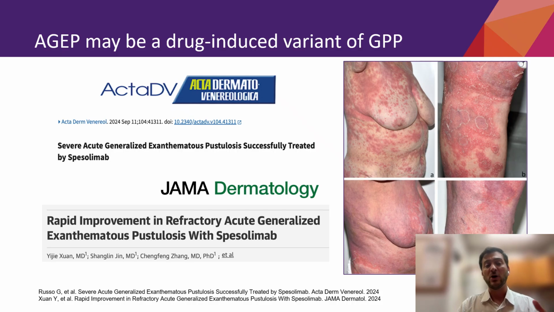Of course, not all the medical societies yet think that way, but it's something that we should bring together if we are now trying to understand GPP better. We first thought that GPP was a part of psoriasis, and now we understand that GPP is a distinct disease.